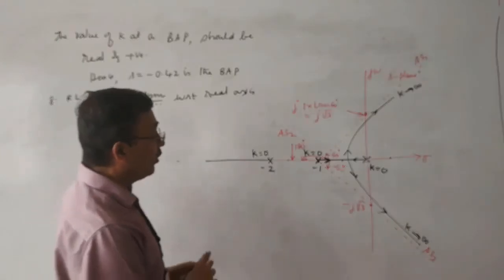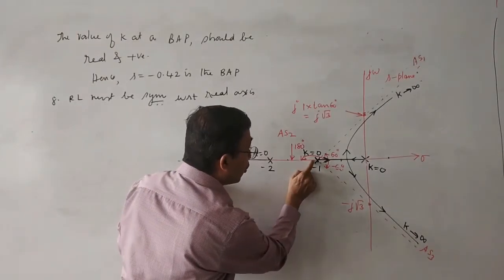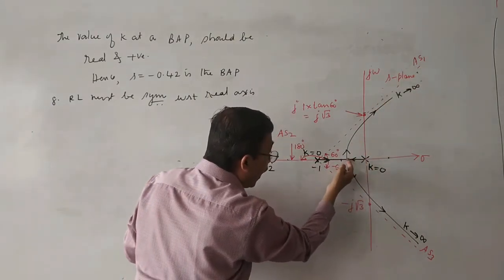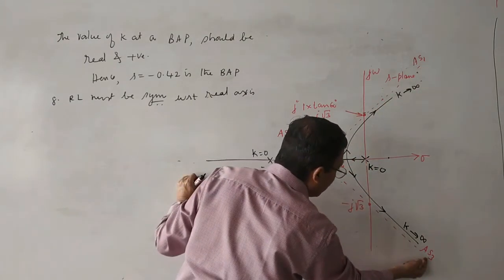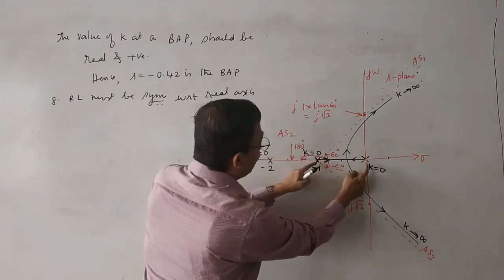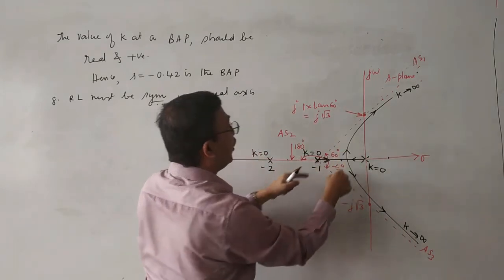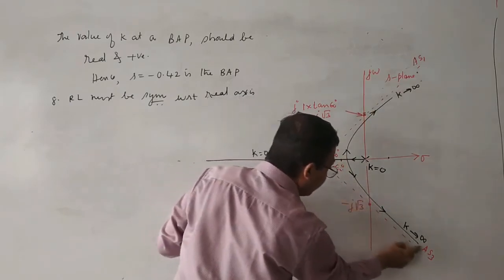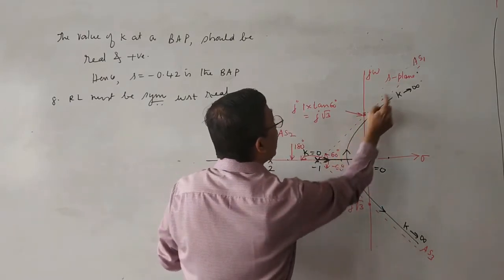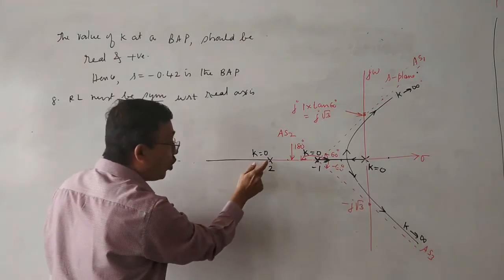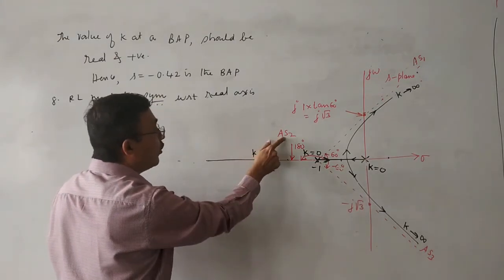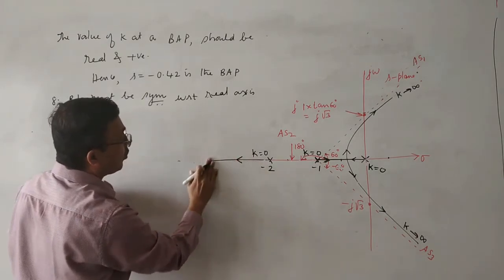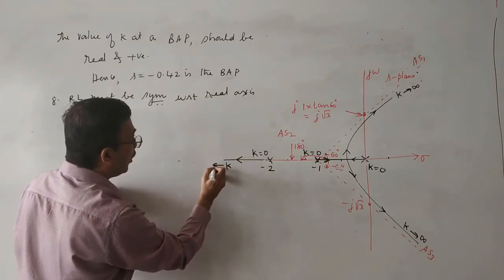So what it implies is, if this pole goes along asymptote as1 to infinity, this pole has to go along asymptote as3 towards infinity. These two poles can choose either of the asymptotes as1 or as3. If this pole goes along as3, this pole will go along as1. This pole has no choice. It has to follow asymptote as2. That means by coalescing with asymptote as2, it goes towards k tending to infinity.